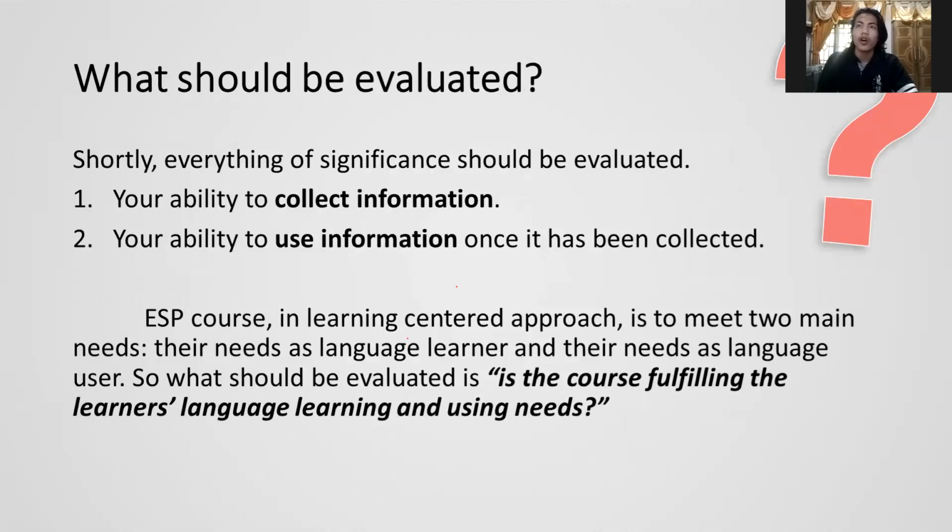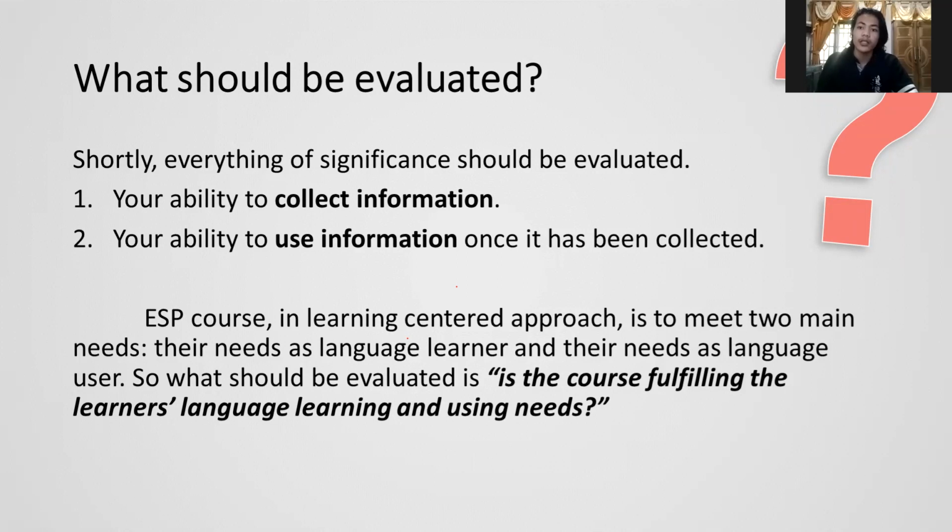So after all the explanation that I have given before, what should be evaluated in this case? Shortly, everything of significance should be evaluated. But the two most important things are, first, your ability to collect information and, second, your ability to use that information once it has been collected.